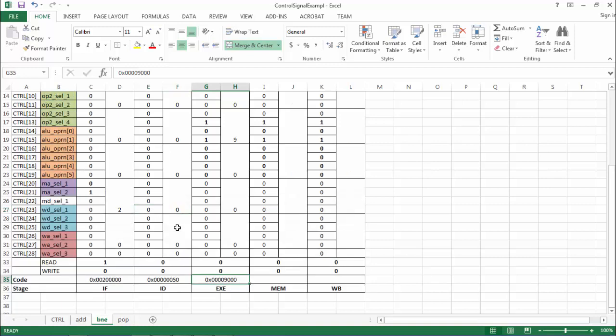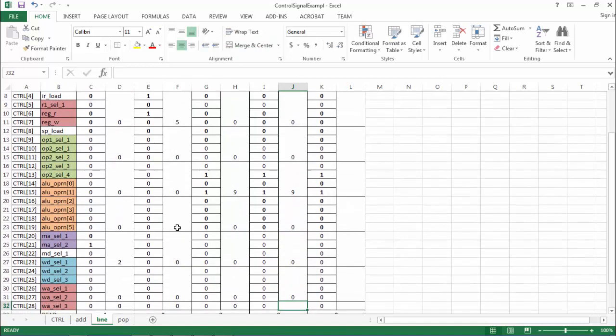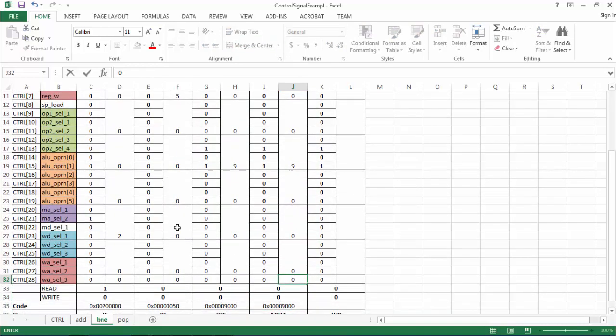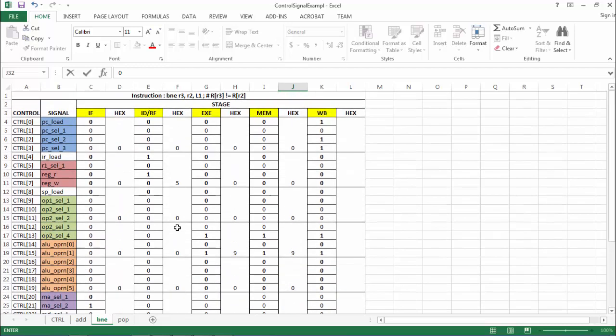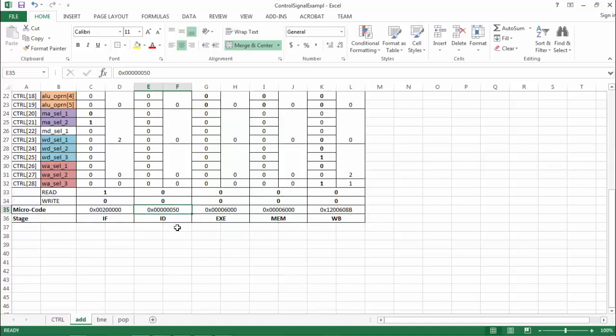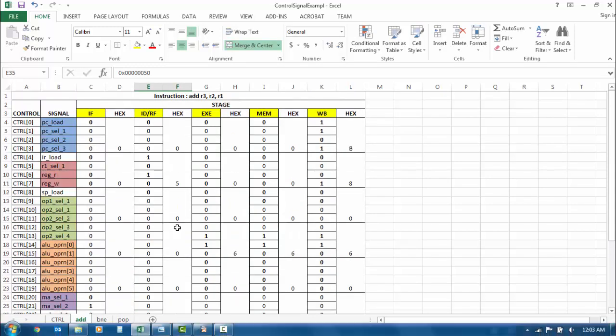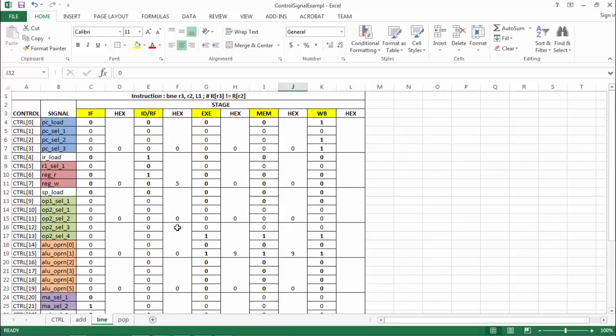And then we make it through the next operation, same code. Memory is not involved, so if we just even do it manually, it would be the same 0 0 0 9 0 0 0. And write back will be different from add because we don't have anything interesting. Add has a lot of control signals to consider here, since we are not writing back.